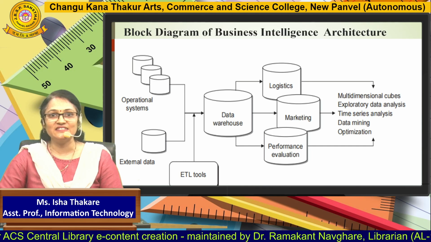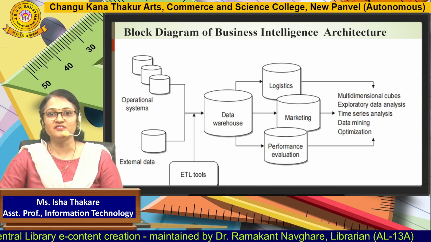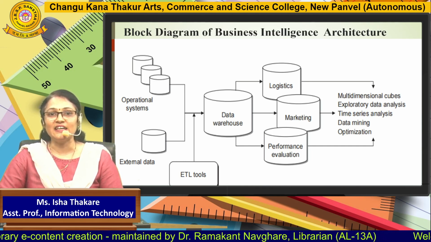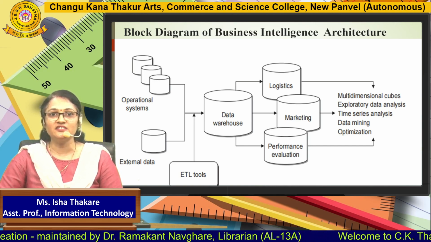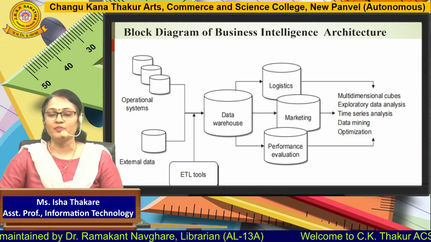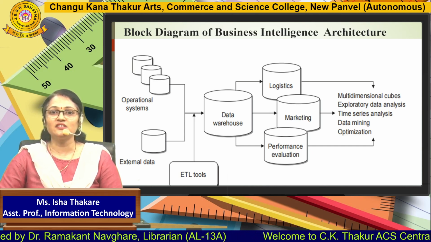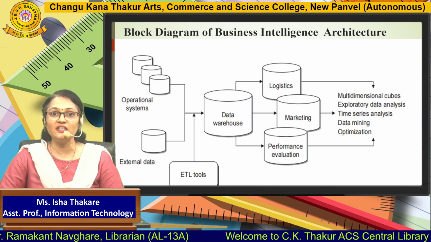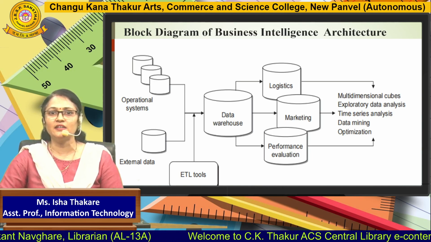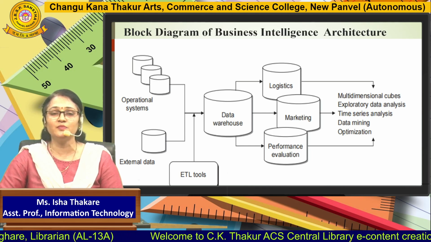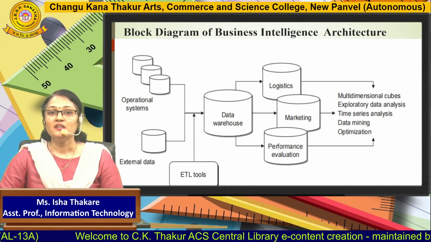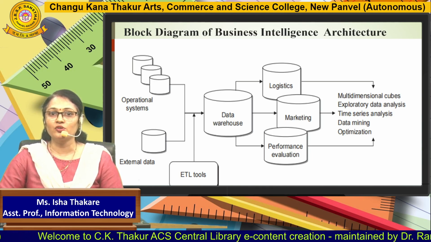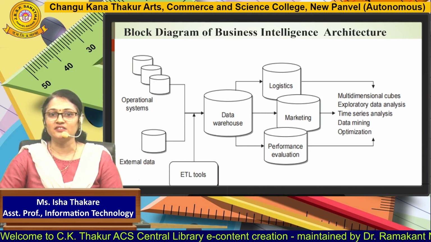In industrial sectors or any business sector, the data gathered operationally, meaning day to day data, is the operational system. And the external data may come from any source. It may be a Word file, an Excel sheet, or Oracle data. All these are the external data. The source systems consist of the operational systems and the external data.